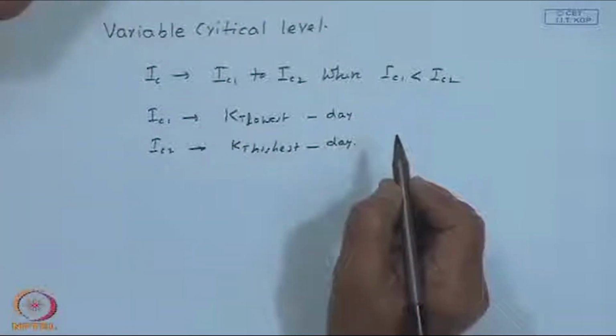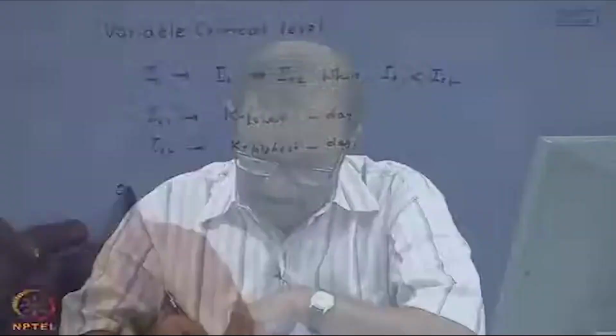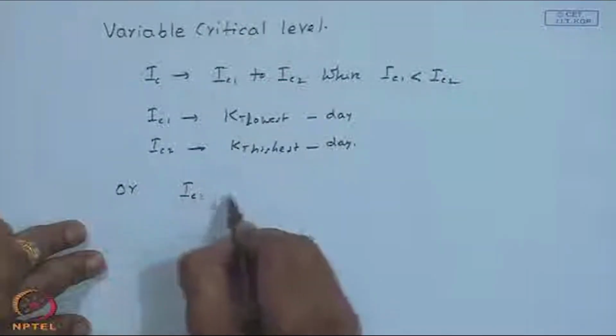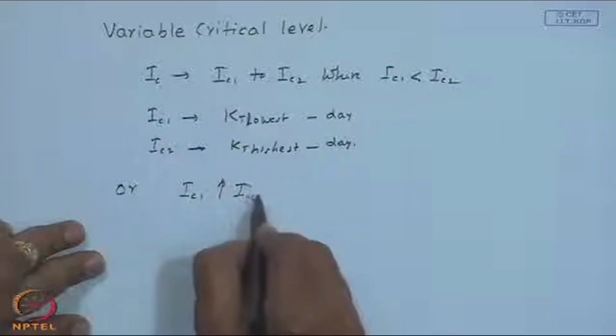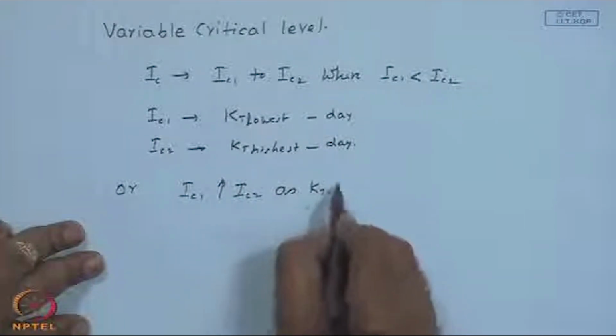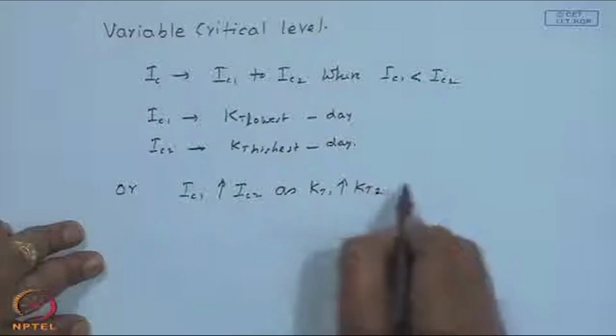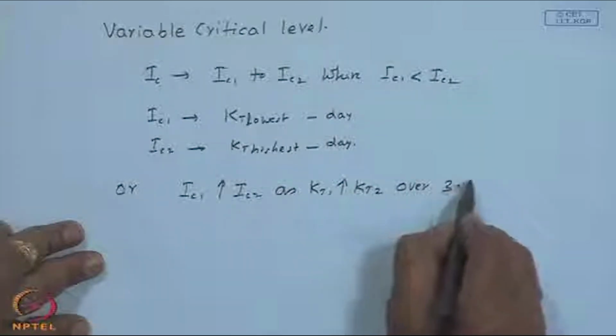In other words, broadly you may say that because of the solar radiation being higher or lower, or ambient temperature correspondingly being higher or lower, I can have two scenarios of variable critical level varying from minimum value to maximum value along with the change, monotonically with the clearness index distribution for that particular month, that is IC1 increasing to IC2 as KT1 increases to KT2 over 30 or 31 days.